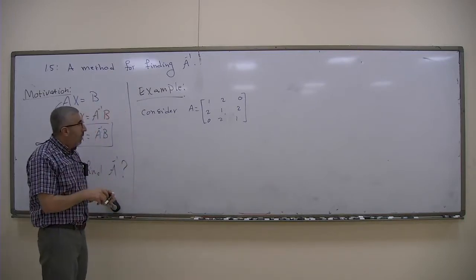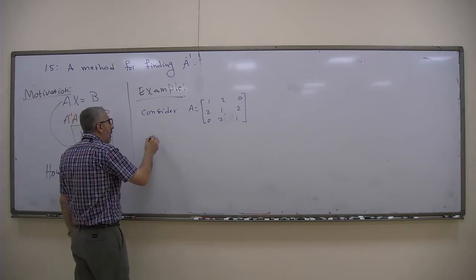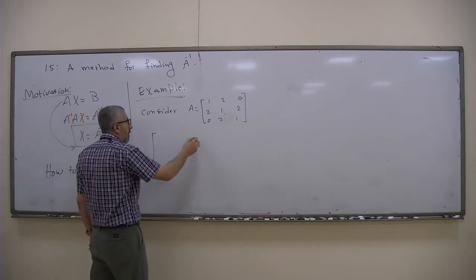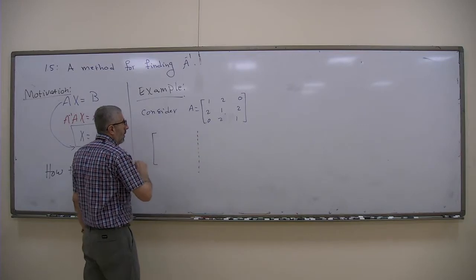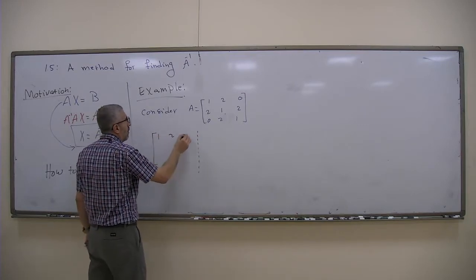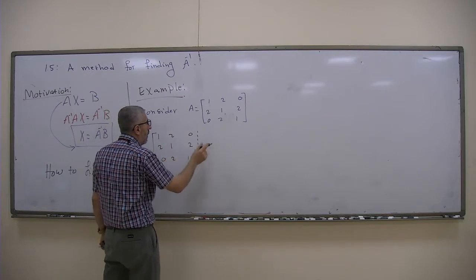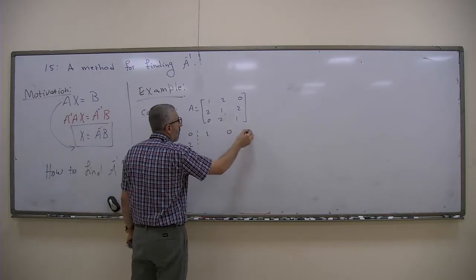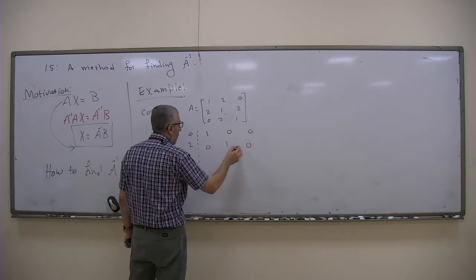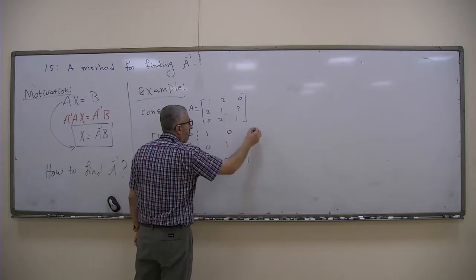Well, what you do, you write this matrix side by side with the identity. So here 1, 2, 0, 2, 1, 2, 0, 2, 1, and here the identity, 1, 0, 0, 0, 1, 0, 0, 0, 1.